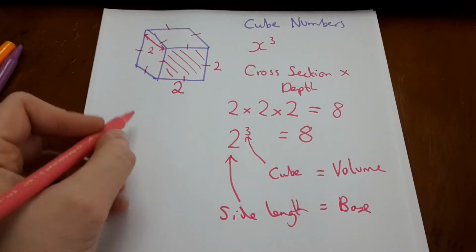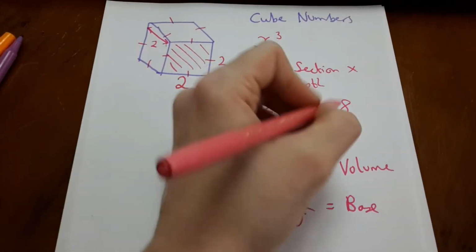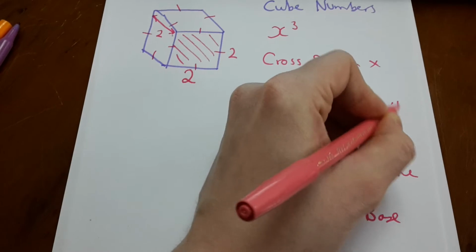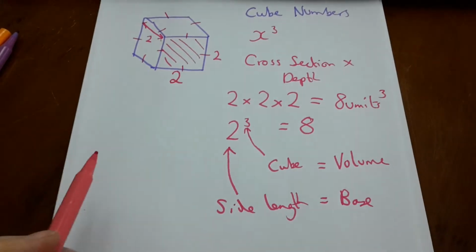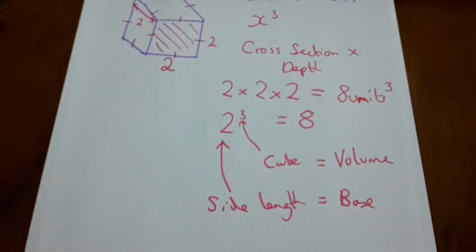So I know for a cube with a side length of 2, the volume is going to be 8 units cubed.